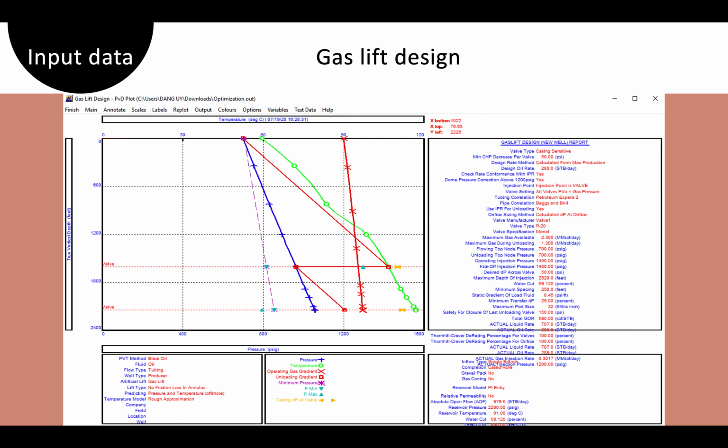And also you have the unloading gradient, the unloading gradient 2 point. You have 2 of them, one in valve 1 and the other in valve 2. Also, the pink line shows the minimum pressure. So you can see that the minimum pressure is lower than the pressure we made in this survey. And also you have the reservoir at the same depth, 2,230, with the pressure the same at 91.